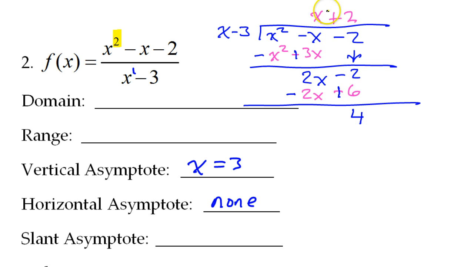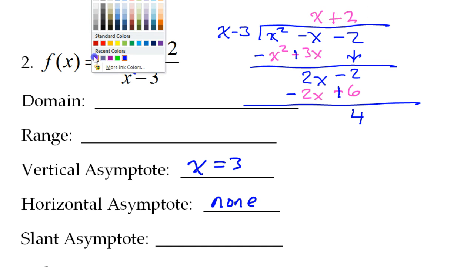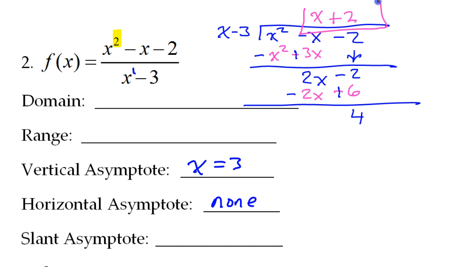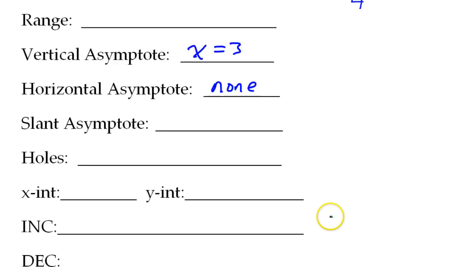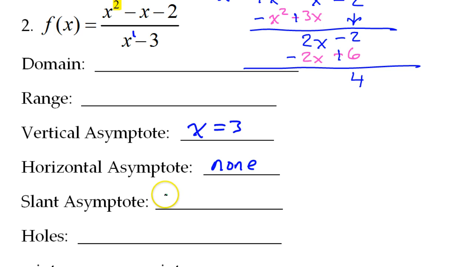Okay, but anyway, the x plus 2 that's up here at the top, that is the slant asymptote. We'll just disregard the remainder. We get the slant asymptote from the x plus 2. So that's why the slant asymptote will be y equals x plus 2. So that's like y equals mx plus b. The slope is 1 over 1, and the y-intercept is 2.